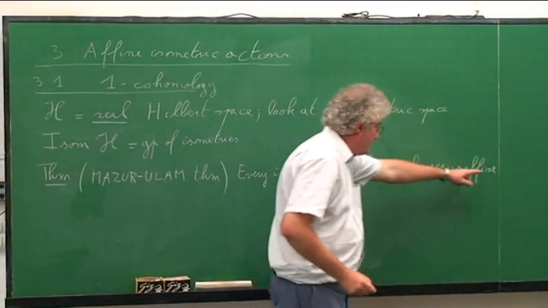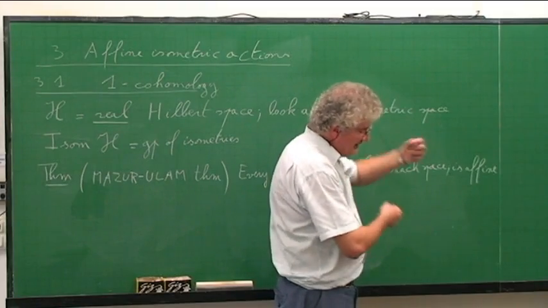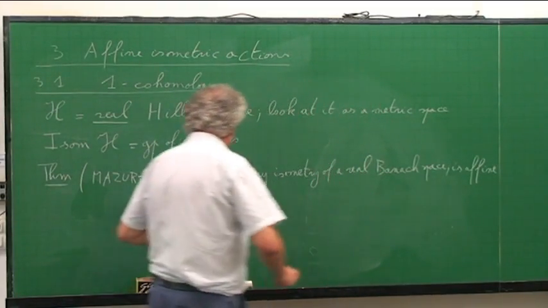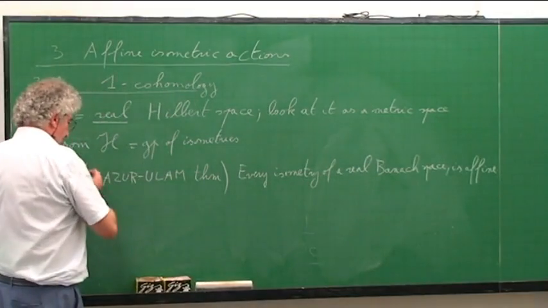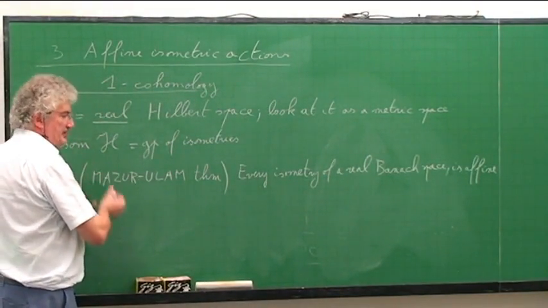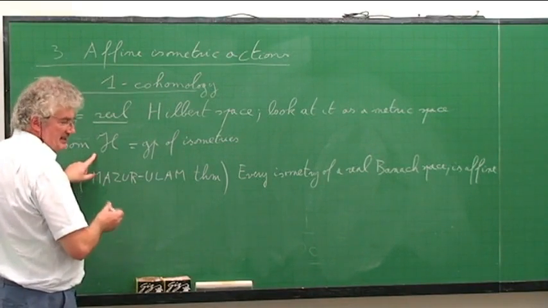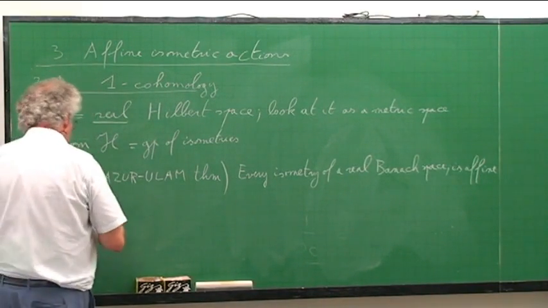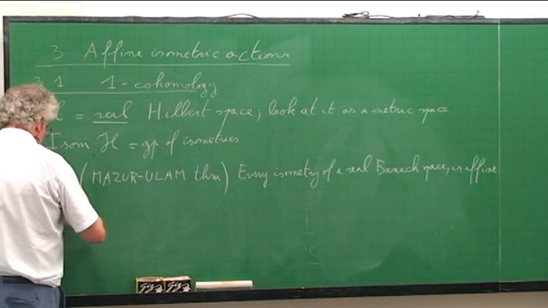And if it's affine, it's the composite of a linear isometry with a translation. The Mazur-Ulam theorem is a true theorem. But for a Hilbert space, it is nearly trivial. And so let me prove it for Hilbert space.